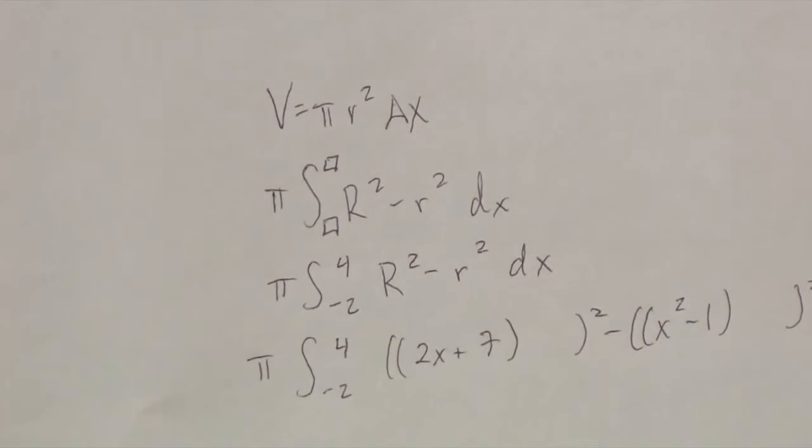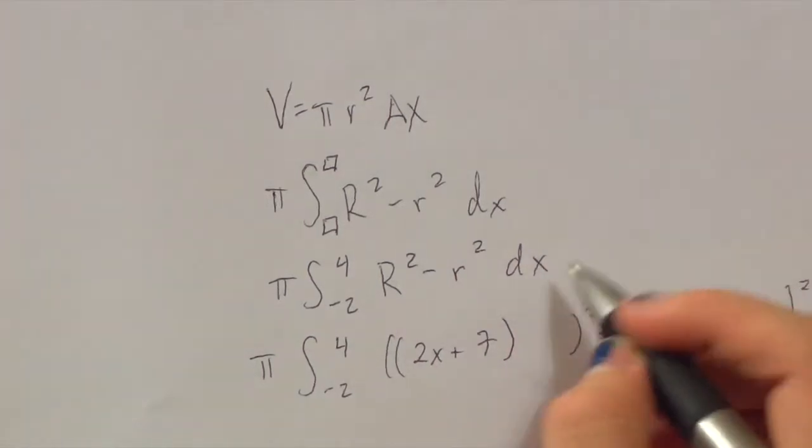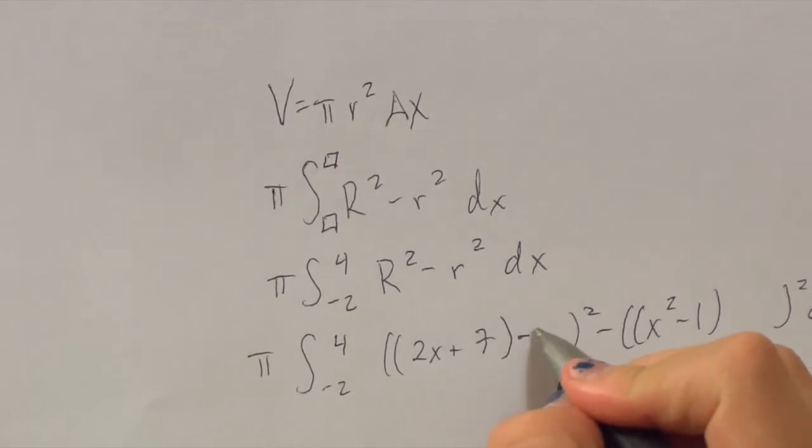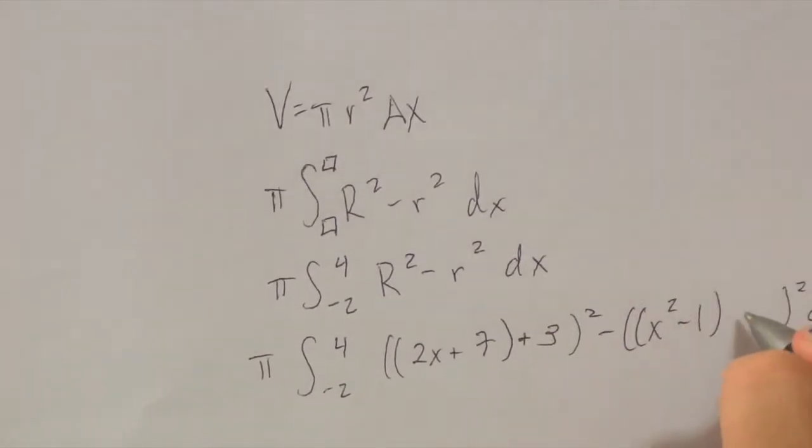Now, since it's bounded about y equals negative 3, we have to take that into consideration by subtracting it. However, since it's a negative, we need to add 3 to both sides.